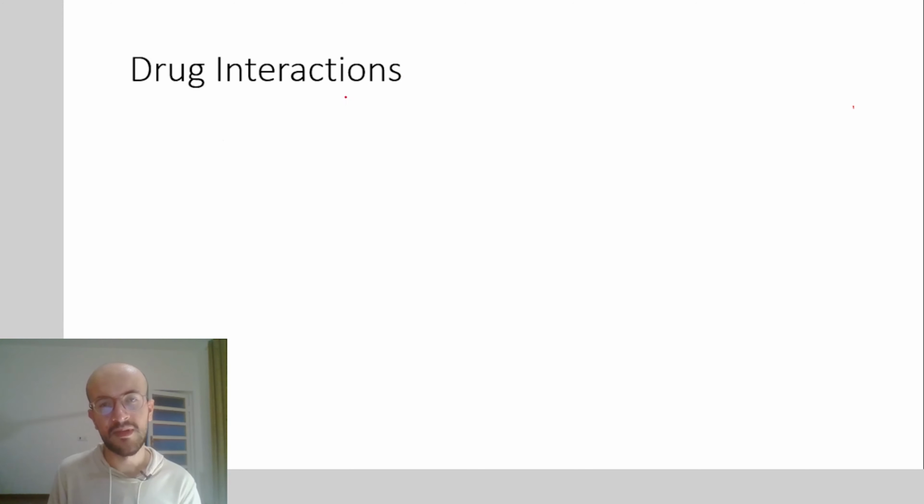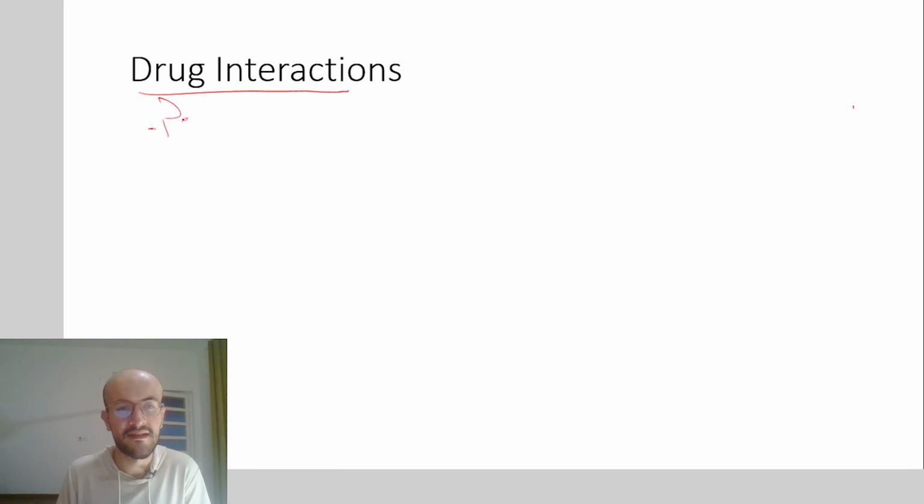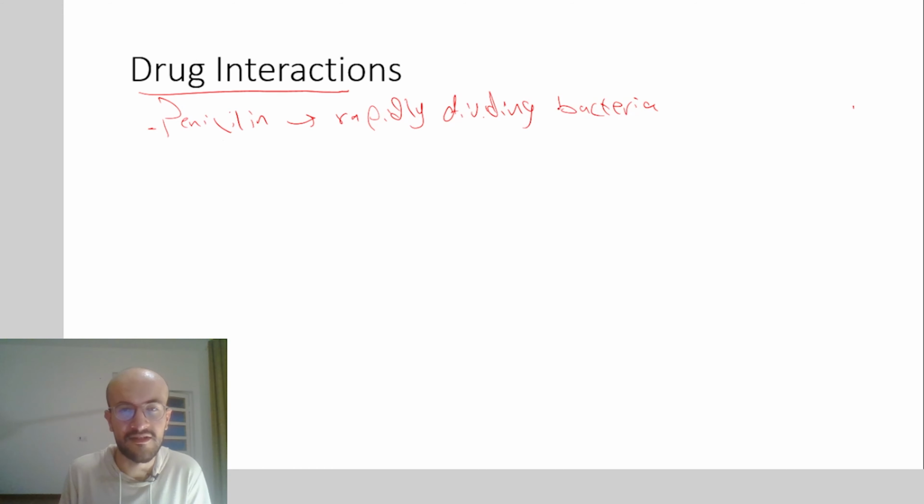So now let's talk about the drug interactions of penicillin. As we know, penicillin is bactericidal, and it works best on rapidly dividing or rapidly growing bacteria because it inhibits the cell wall during the division of the bacteria.